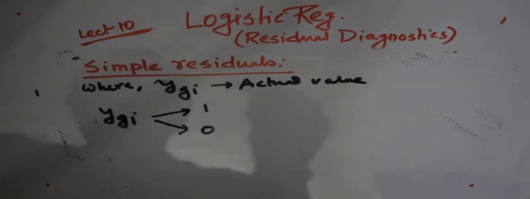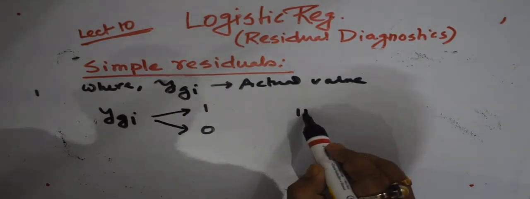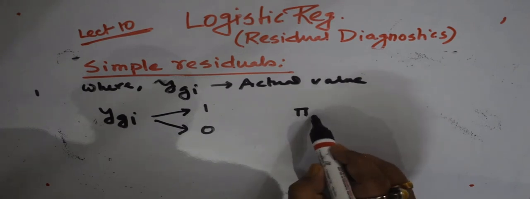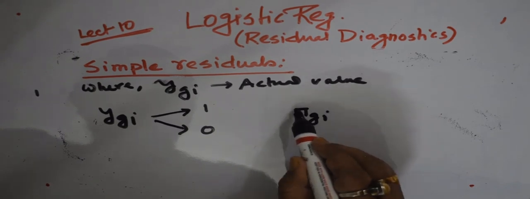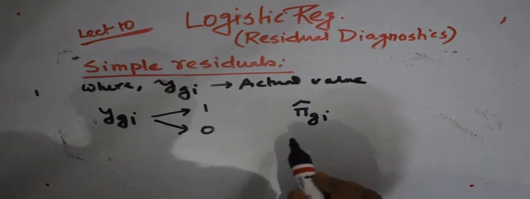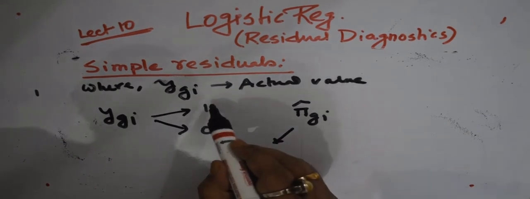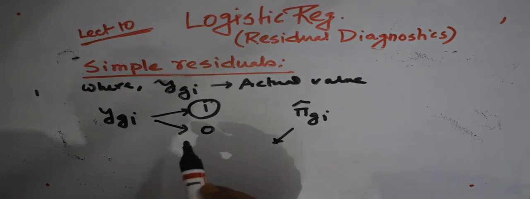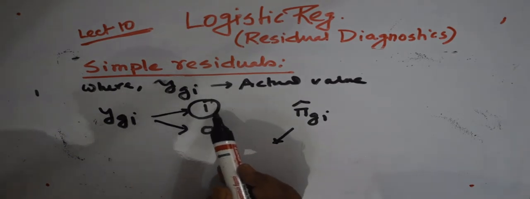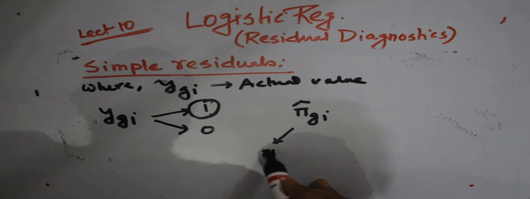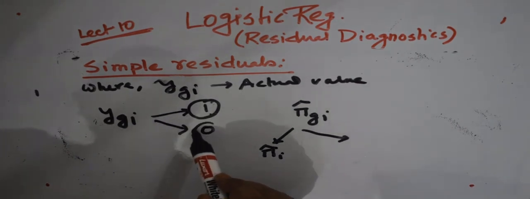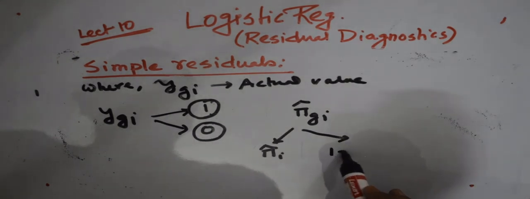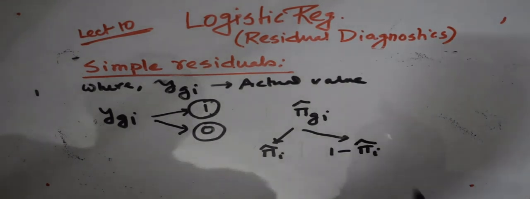Each response takes 1 or 0, and you estimate pi gi hat. When the i-th response is 1, then you use simply pi hat, and when your actual response is 0, then you use 1 minus pi i hat.